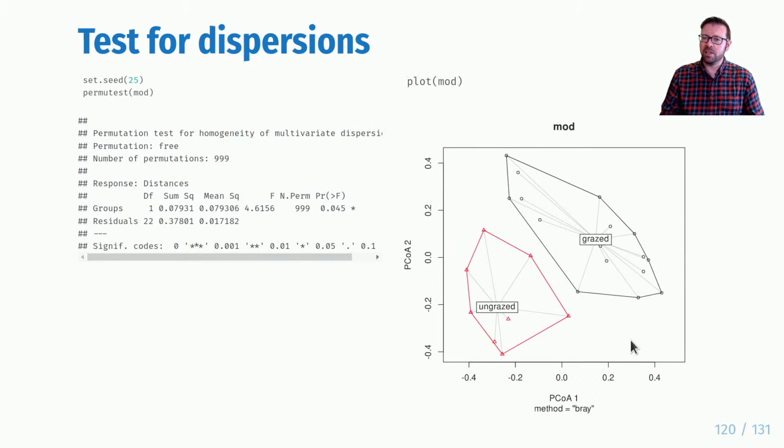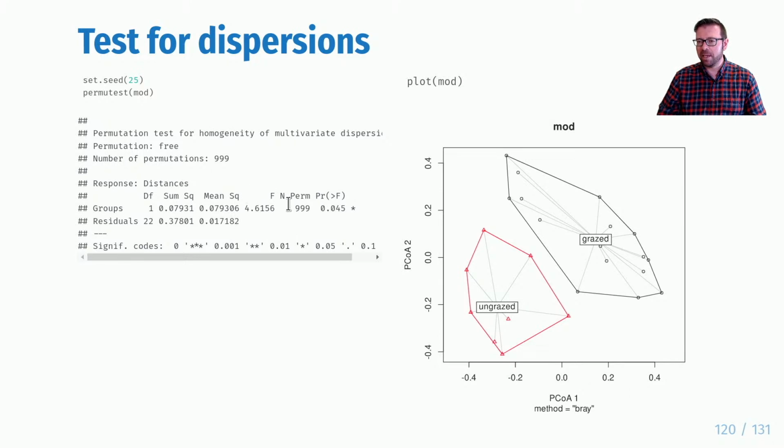So what we're essentially doing here is randomly allocating the sites to the two groups. We rerun the PermDist test to get the average distances, and we compute the distances between them. And actually what we do is we gather up the F statistic from the ANOVA that we're doing.